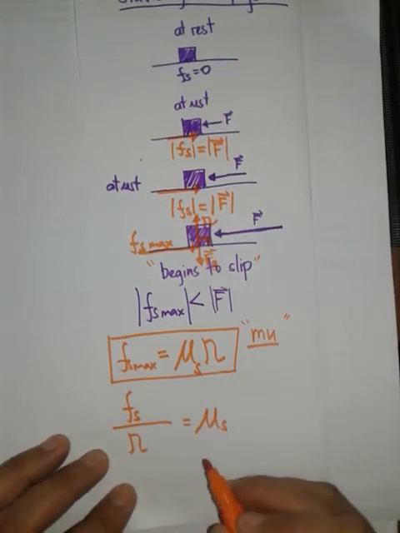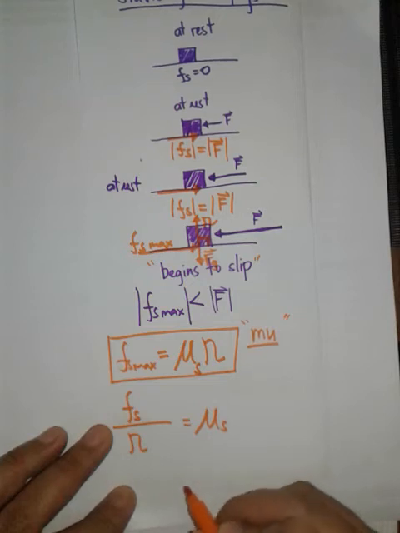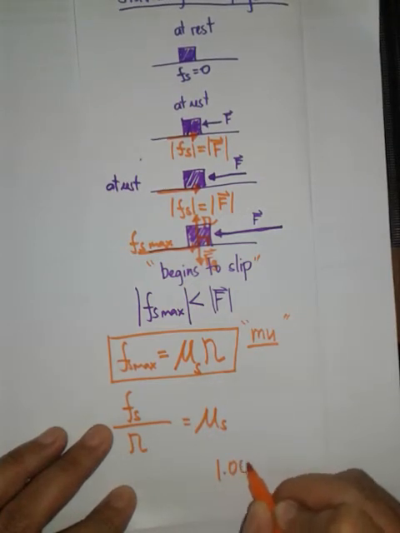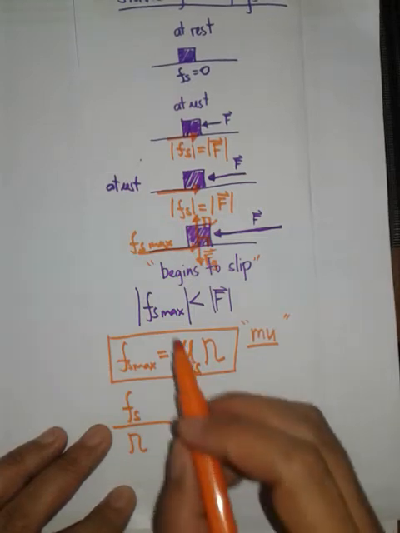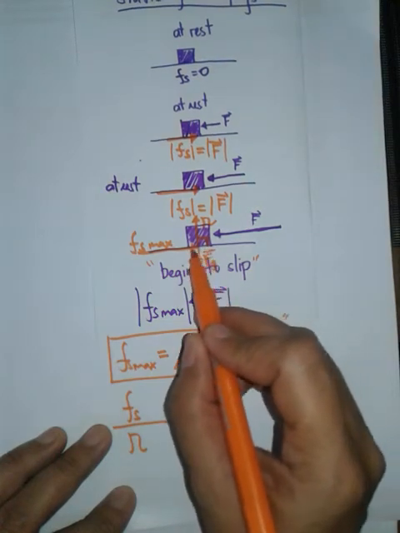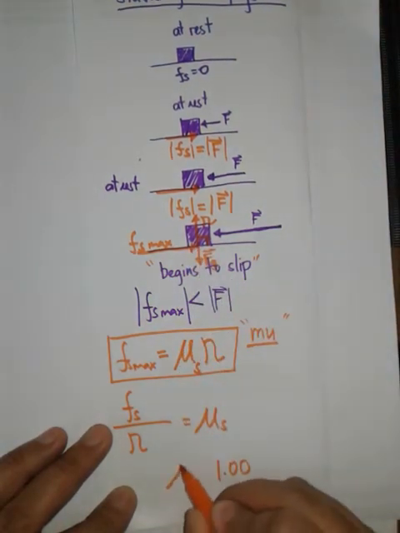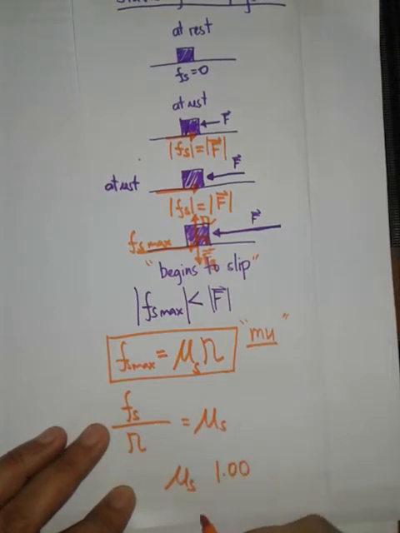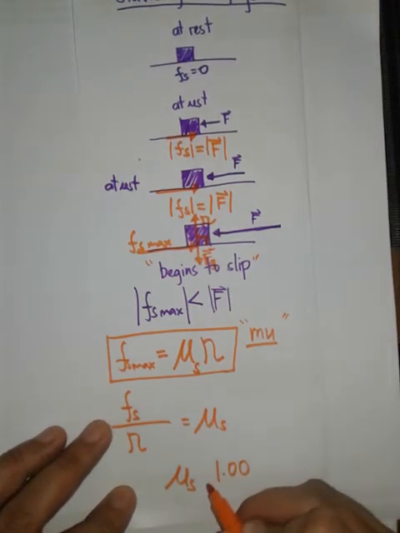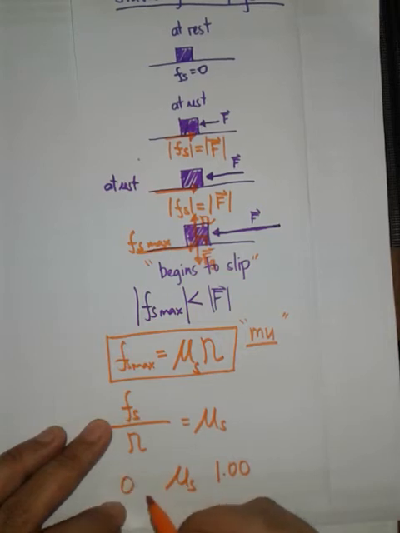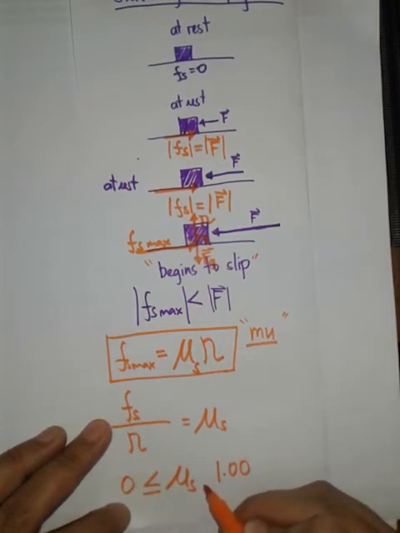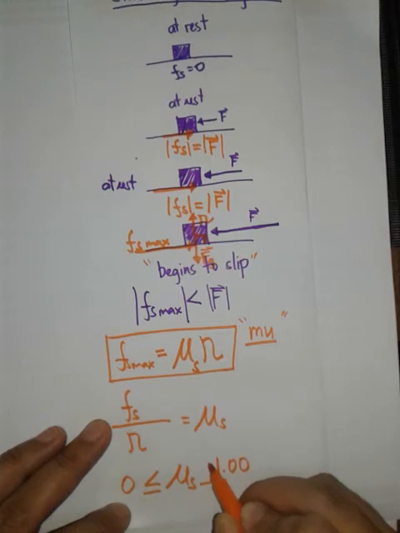Okay? Pag masyadong rough ang surface, ang mu s nasa 1. Let's say 1.00. Pag masyado siyang very smooth na frictionless, magsi-0 ito. So, for every pair of two surfaces, ang coefficient of static friction can be equal to or less than 1.